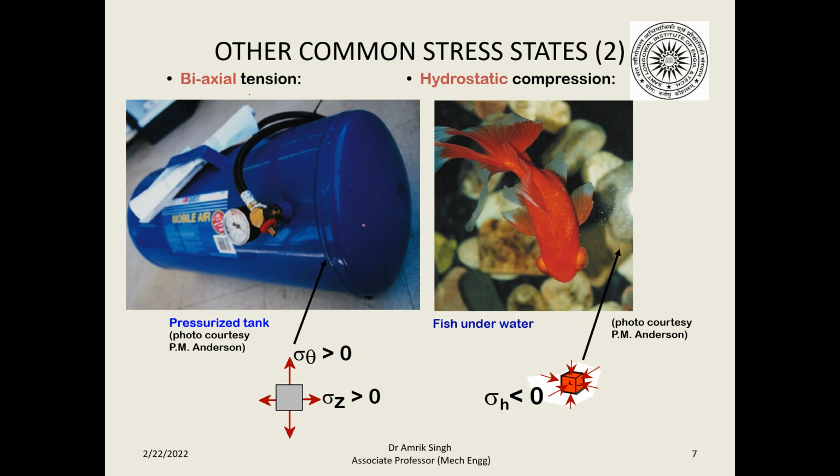In this we will have stress in two directions: in the z direction sigma z, and in the circular direction sigma theta. This is a different kind of stress, hoop stress, but it is tensile in nature. This we will learn when we study cylindrical shells or spherical shells.